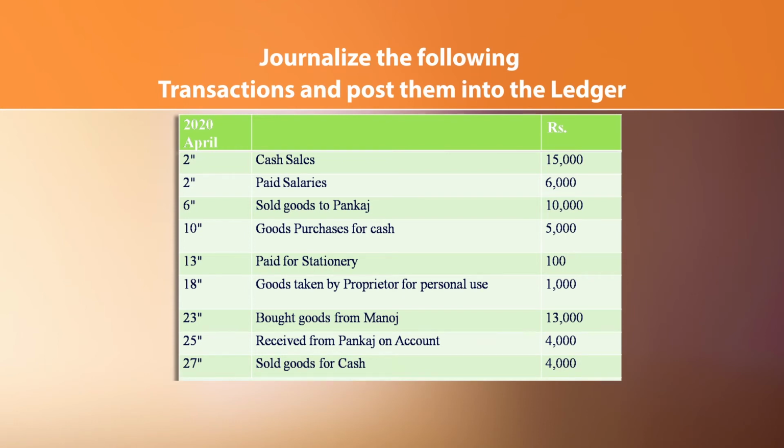Sold goods for cash. Again two things are going to be affected: the first one is the cash account and the second one is the sales account. When we are making the sales, cash is coming to the business, and we will apply the rule of the real account because cash is an asset: debit what comes in.